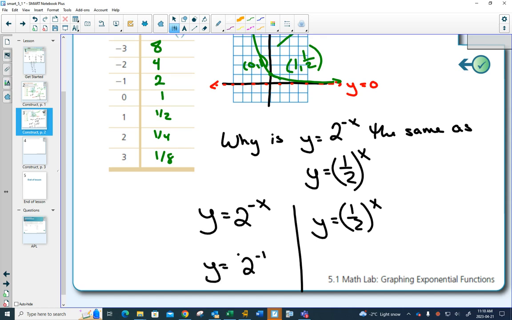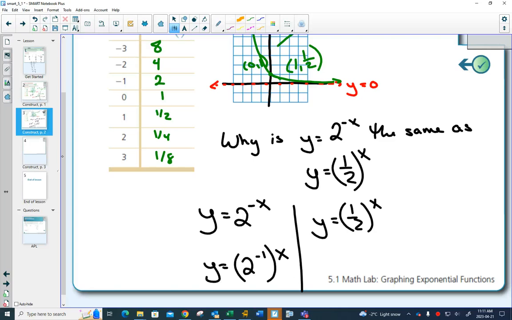Are you okay that I could use my exponent rules, and instead of having a negative x, I could have a negative 1 inside multiplied by an x on the outside? That would be the same thing, because you have an exponent rule that if you have a power to a power, you multiply your exponents.